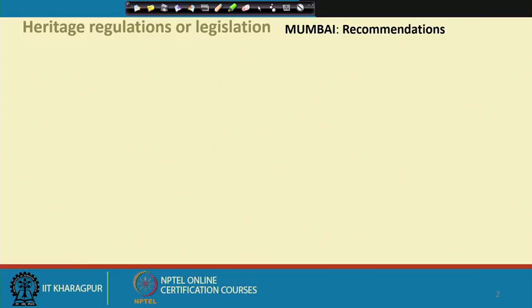If you recall, we have been talking about Mumbai, because in Mumbai the draft heritage regulation has played a very pioneering role, and we will see what recommendations have been given in Mumbai. This is based on a report prepared by Narayan Lamba, a very well known conservation architect.